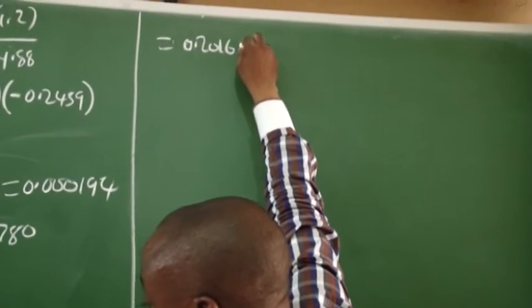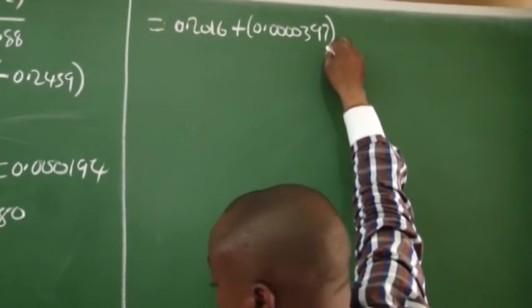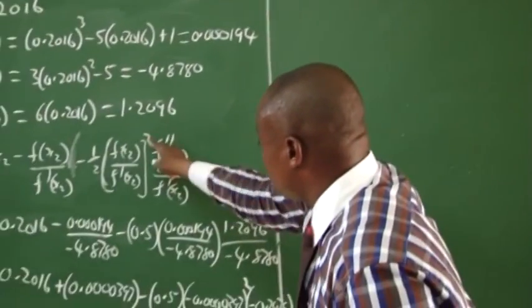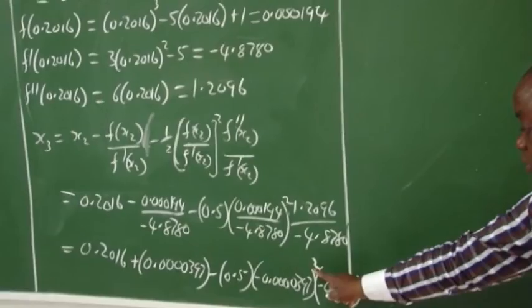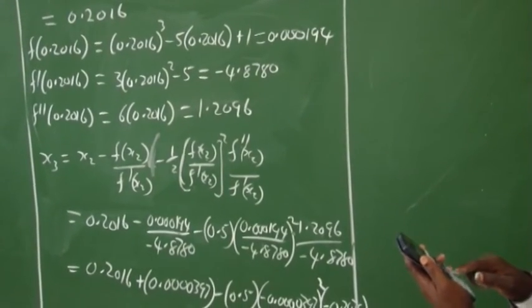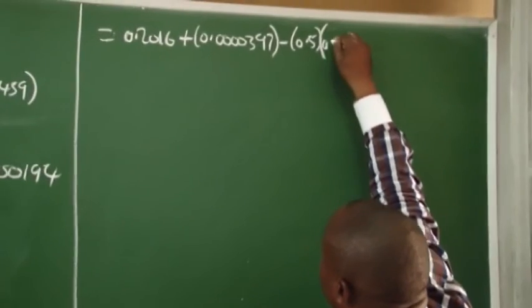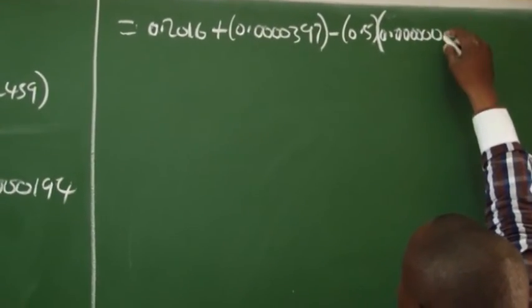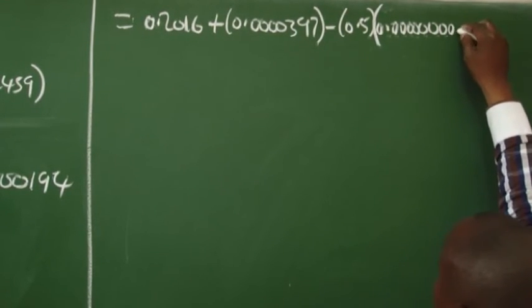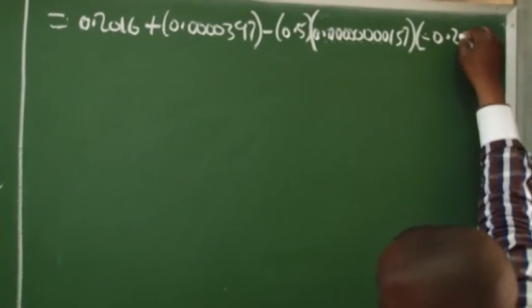Squaring that will give us a positive because of this: 0.0000397 squared is giving us 0.00000000157, about 9 zeros. Then this side is minus 0.2479.